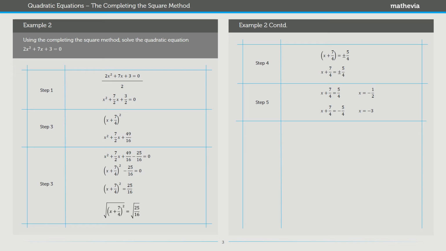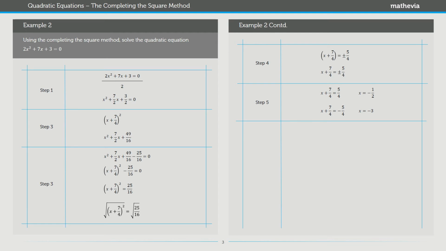And if you square 7 over 4, you'd end up with 49 over 16. Okay, and we obviously do not have 49 over 16 on the end. However, we have our related perfect square expression as x plus 7 over 4 all squared.